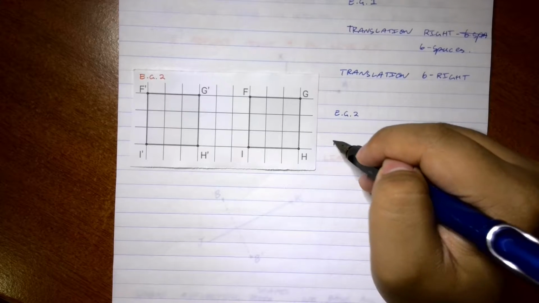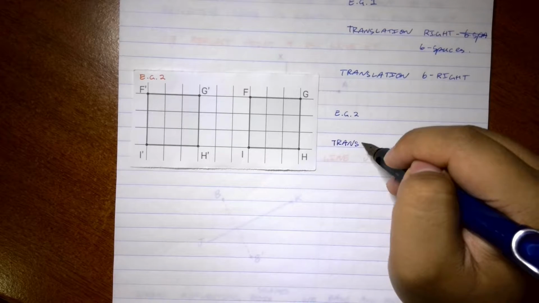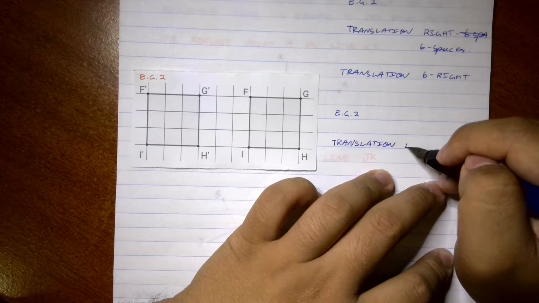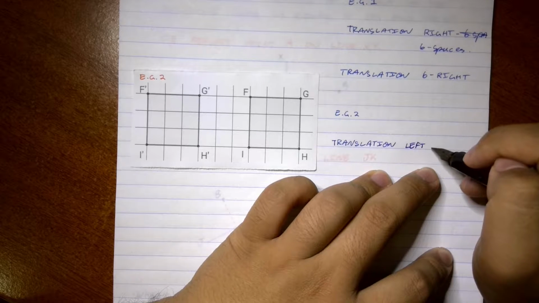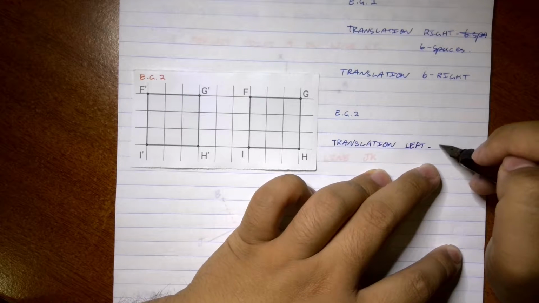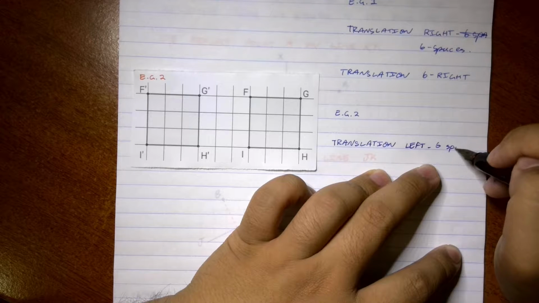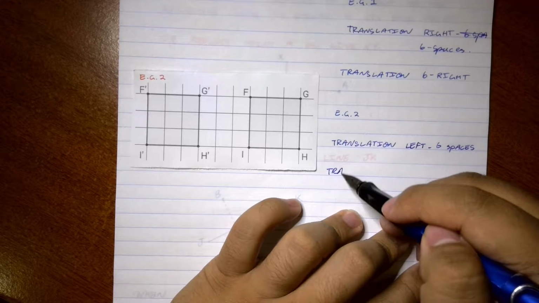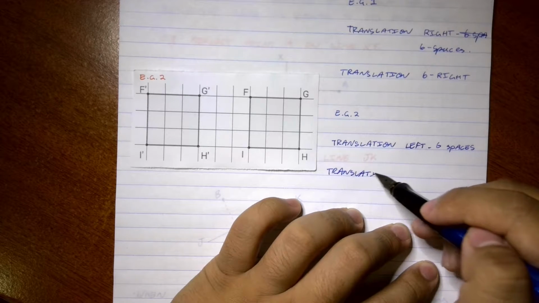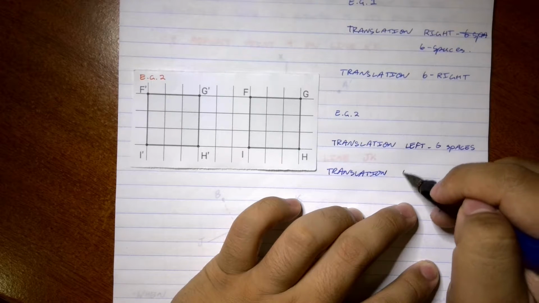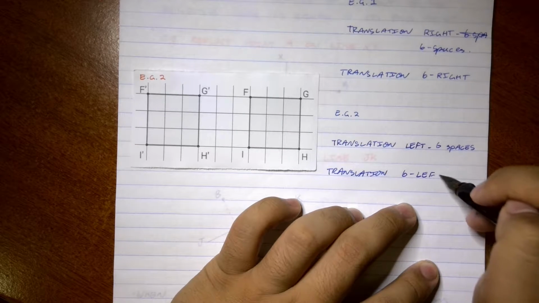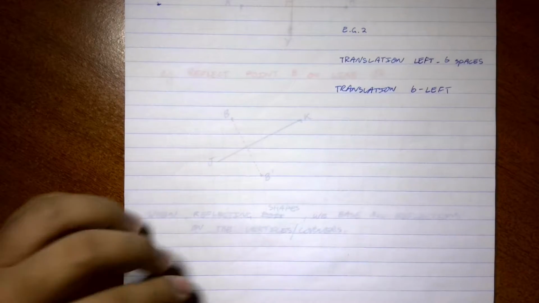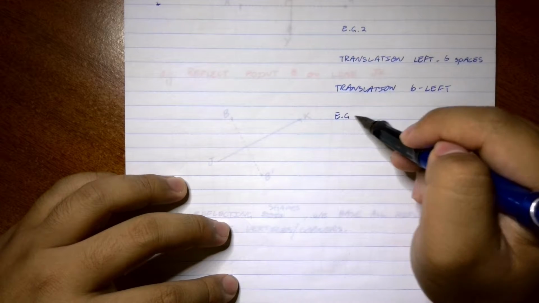So we can write that this is a translation left of 6 spaces. Or you can write it as a translation 6 left. Let's move right along to the next example.